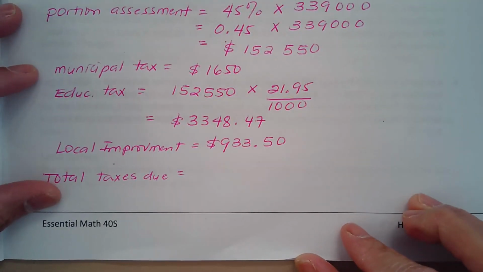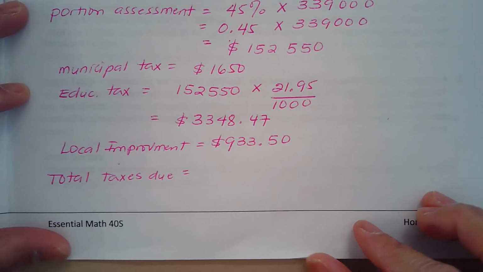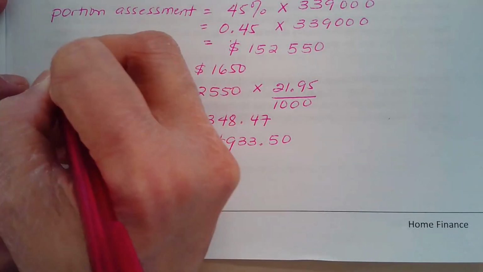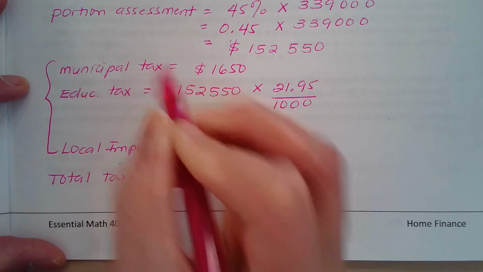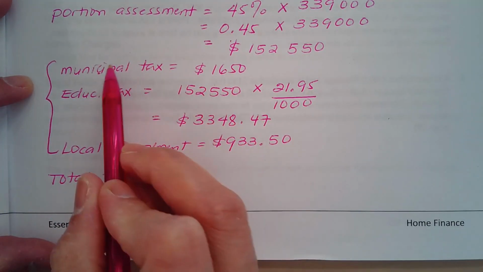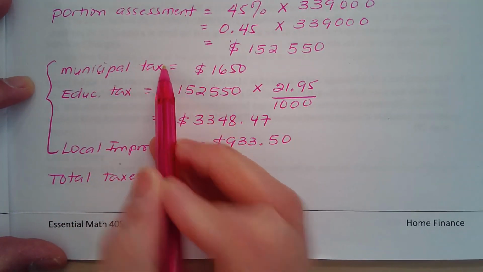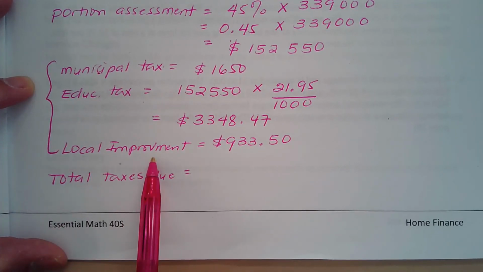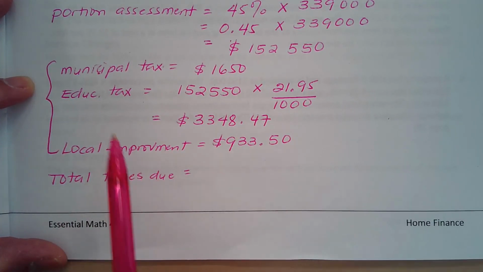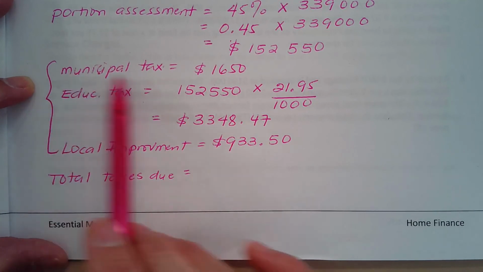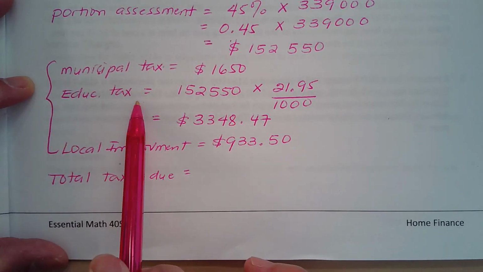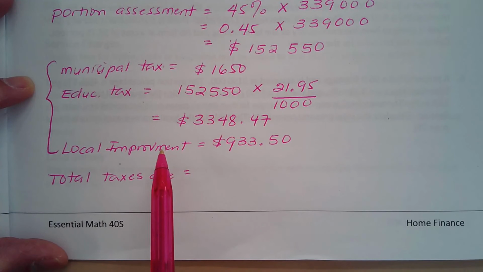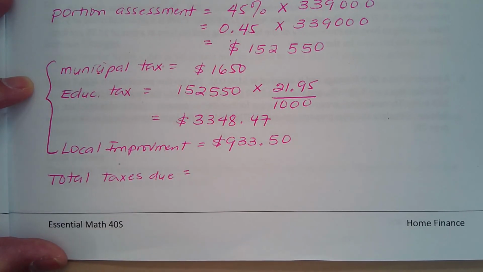Their total taxes would be coming from the municipal tax, education tax, and local improvement. These are the three things. And then what do we do with the tax credit?